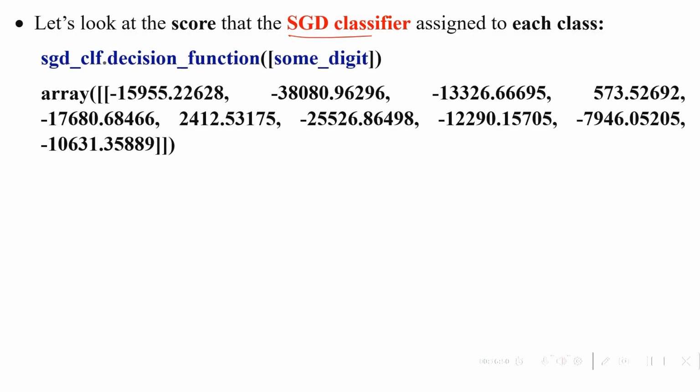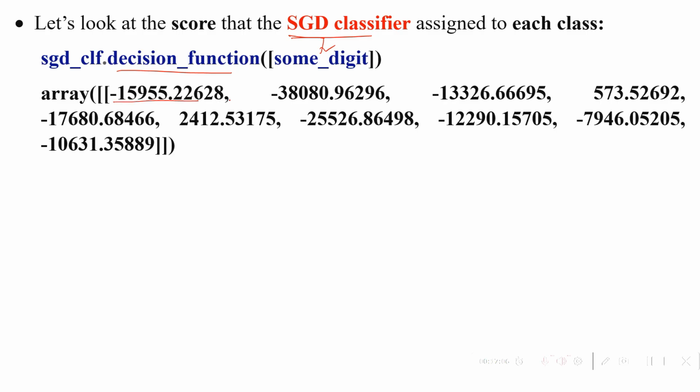Okay, so the decision score for each and every digit is given by the stochastic gradient classifier's decision function for the given input image.